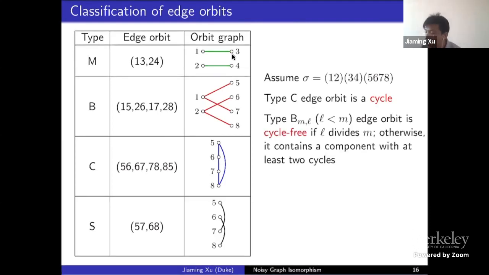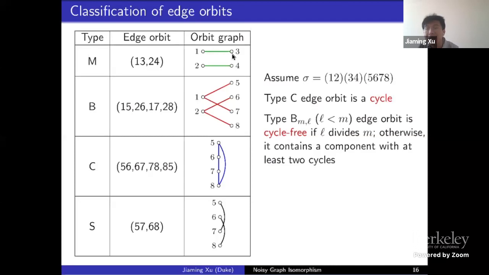Also, a very important property for the bridge: if you look at this type B(M, L) edge orbit, where L is the length of the shorter node orbit and M is the length of the longer node orbit, and L divides M, then the bridge is cycle free.